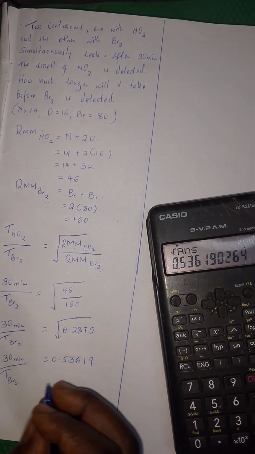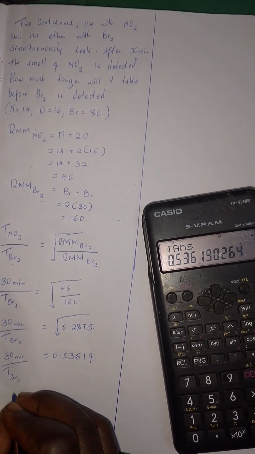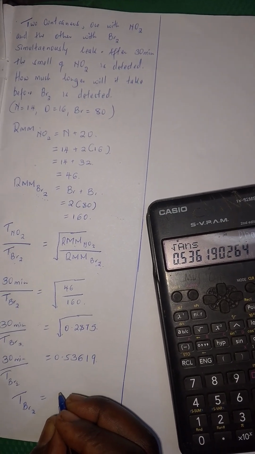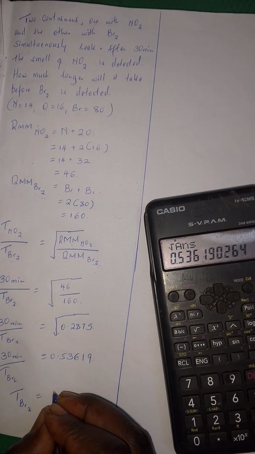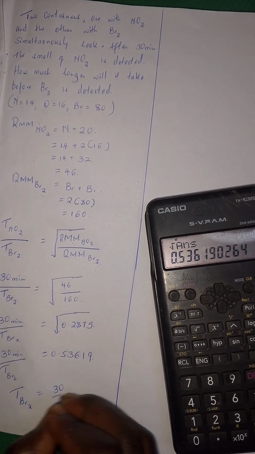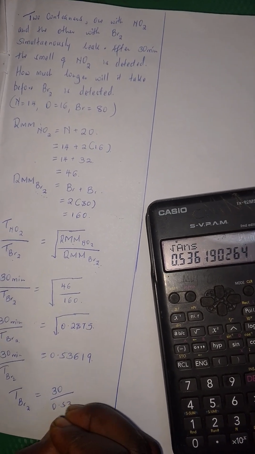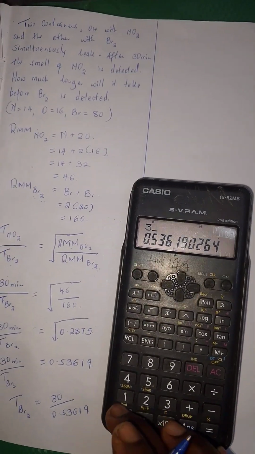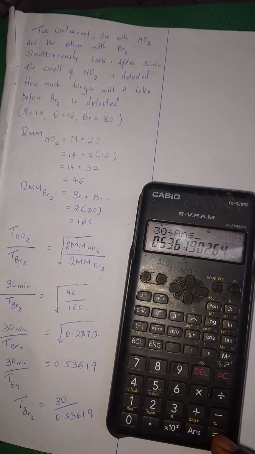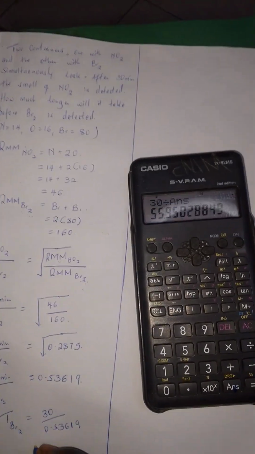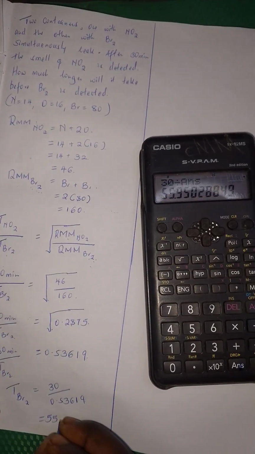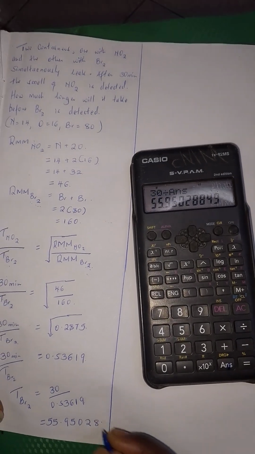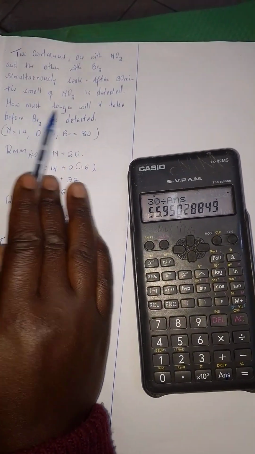So when we make the time of bromine the subject of the equation, we have 30 divided by 0.53619. So 30 divided by the answer, and we get 55.95028.